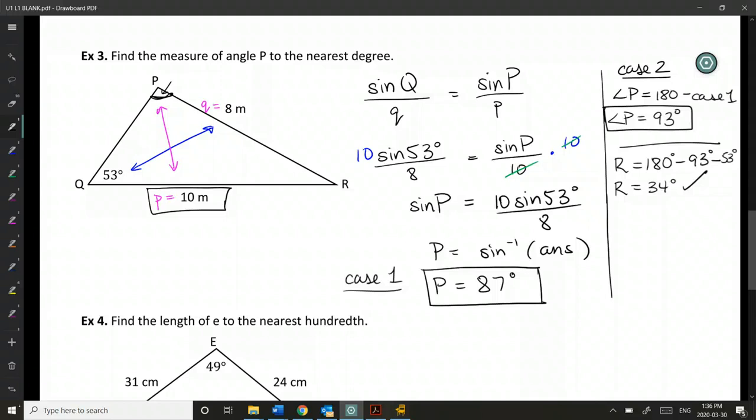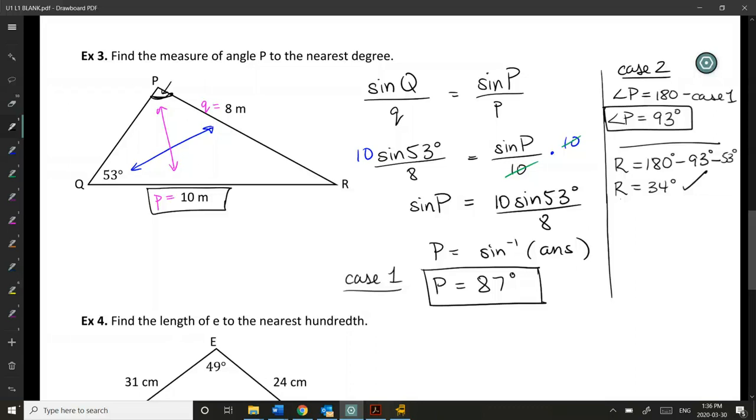Now, if your diagram is to scale, you could actually technically measure that diagram with a protractor and see what that angle actually is.